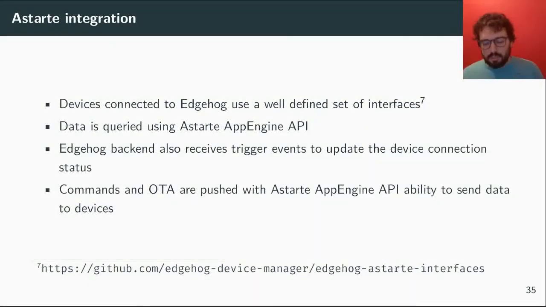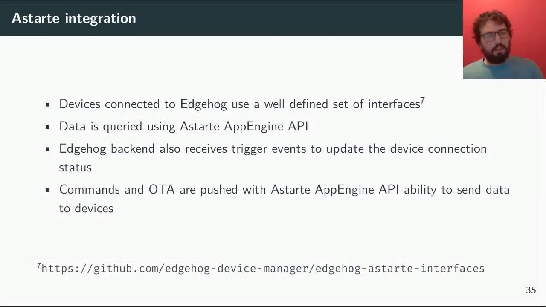So this makes sure that every device which is using those interfaces is actually an Edgehog compatible device. So you don't have to use a specific device or a device from a specific vendor. You can also roll your own device, and actually it can also be not an ESP32 device. The important thing is that you implement and use those interfaces, and you'll be able to use Edgehog with it.